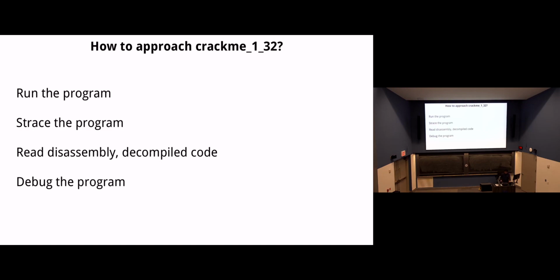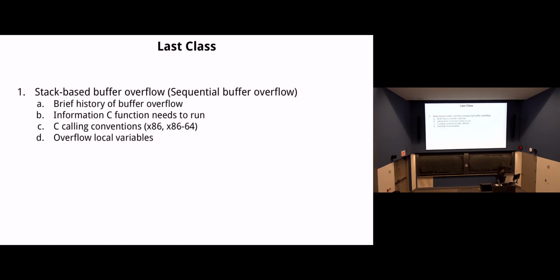You can read the disassembly. You can even decompile the code. Worst case, if the program is really too complicated, and those approaches still don't give you what you want, then you can still debug the program, give it different input, and try to debug step by step to see what this program does. Okay, so let's move on.